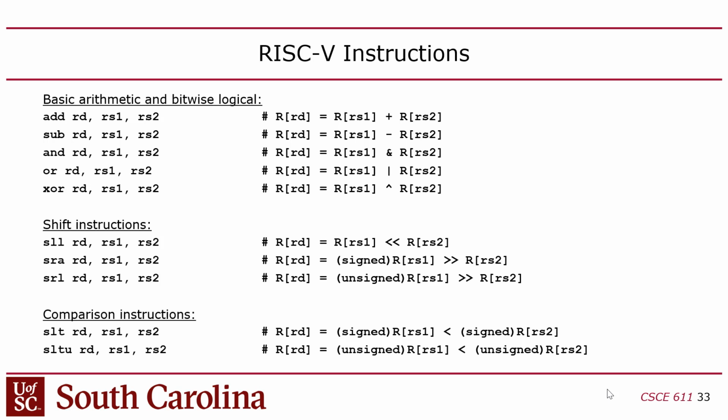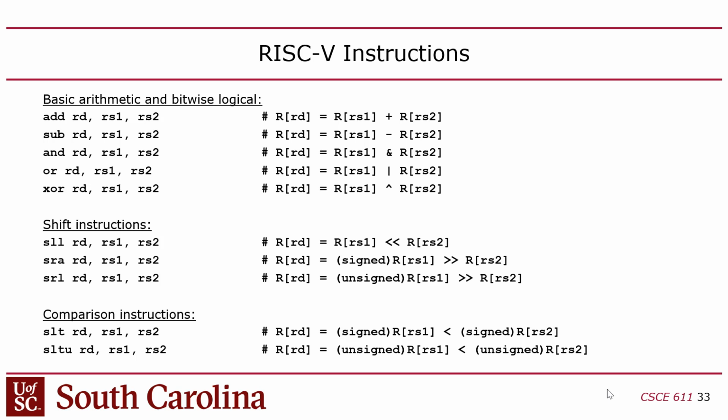So we're going to implement these R-type arithmetic, logical, and shift and comparison instructions. So these are all very similar. You might remember from 212 that really the only difference between these instructions in the hardware is what you tell the ALU to do. All the other data path operations are the same with all these.